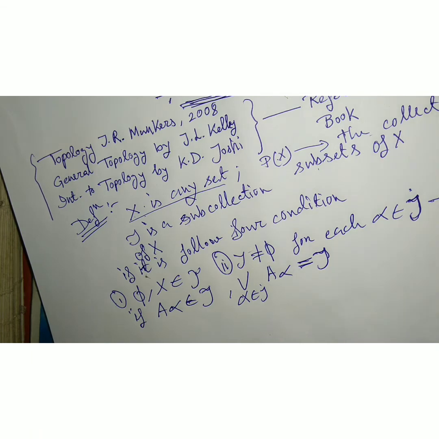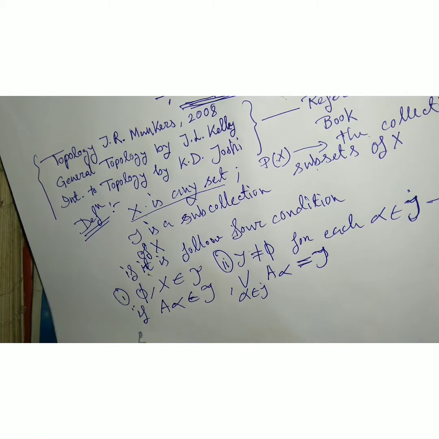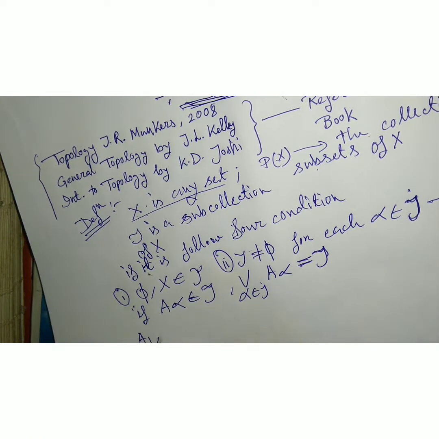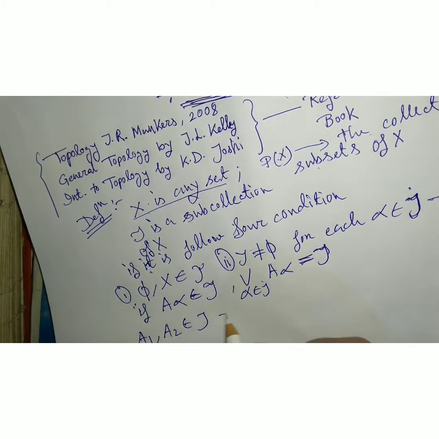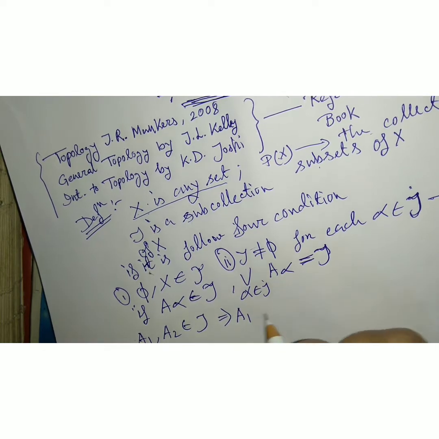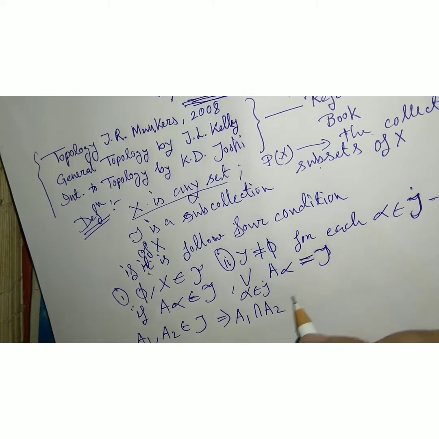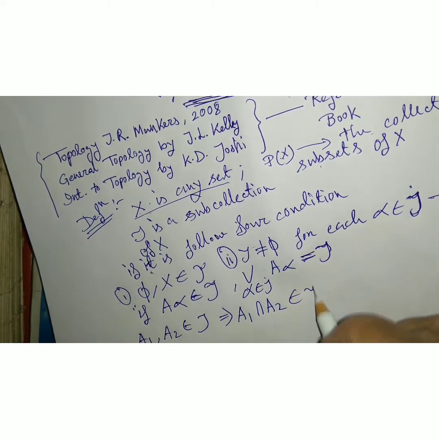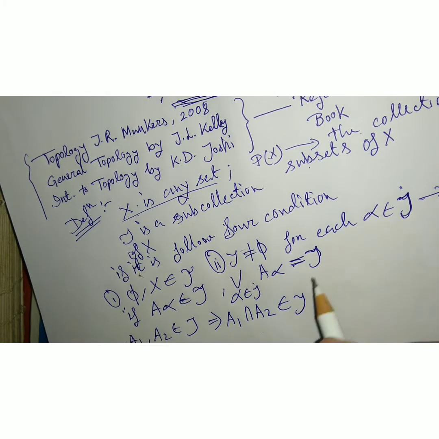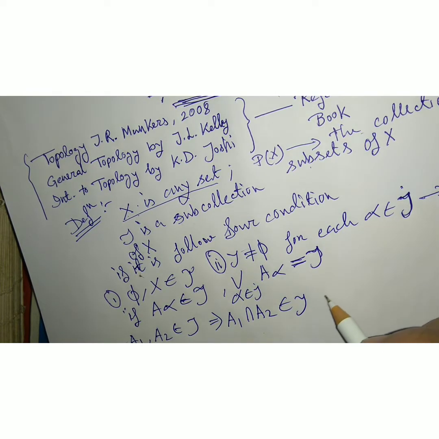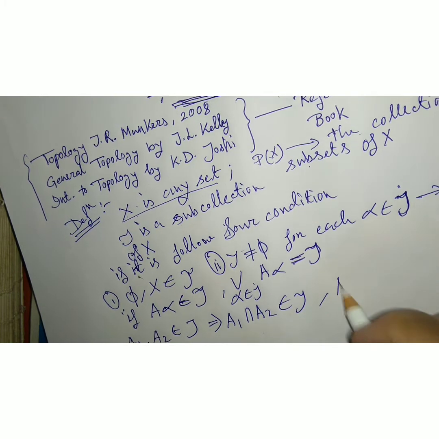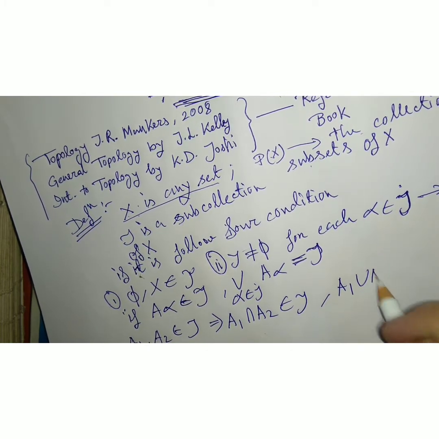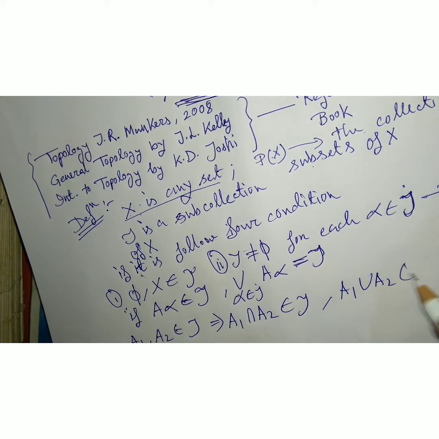Then if A1 and A2 belong to tau, A1 intersection A2 belongs to tau, and A1 union A2 belongs to tau.